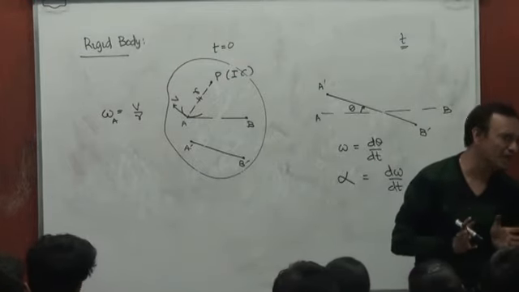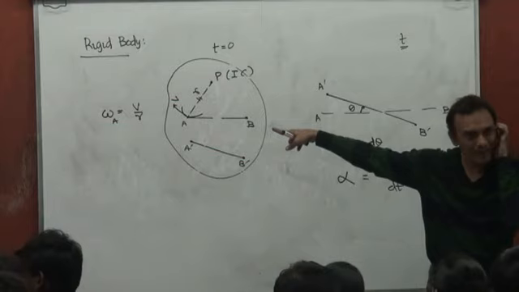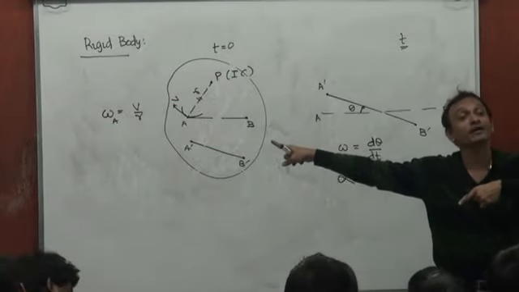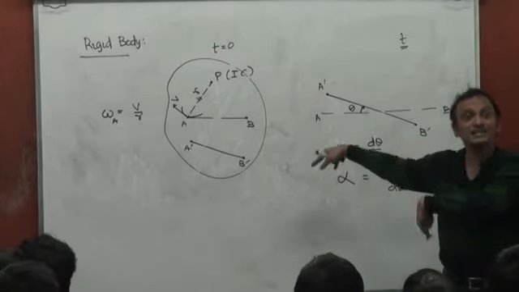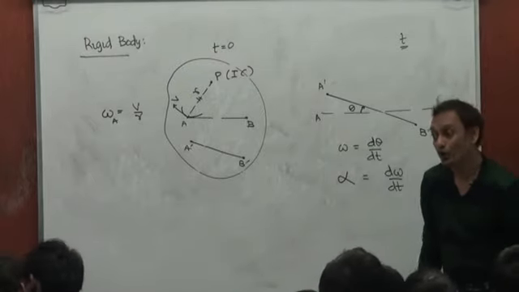V of A is R times omega of A, so omega of A is V by R. This omega A is the same as the omega of the rigid body. You know what I'm saying?